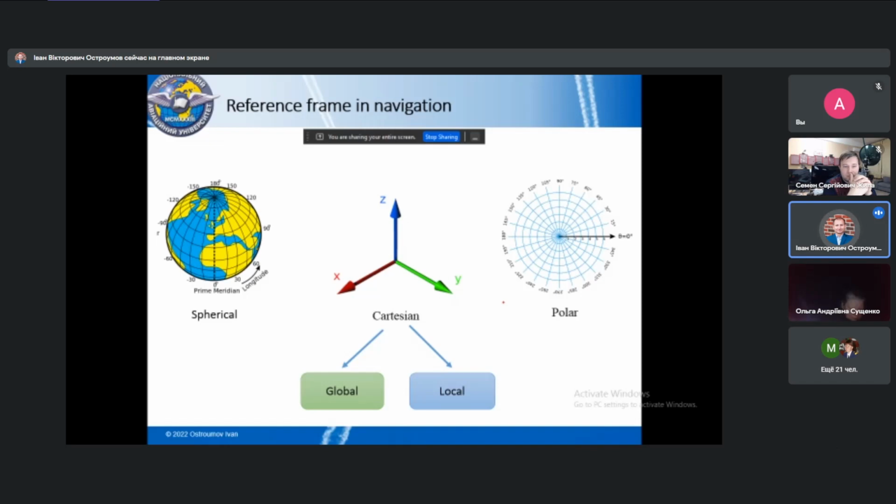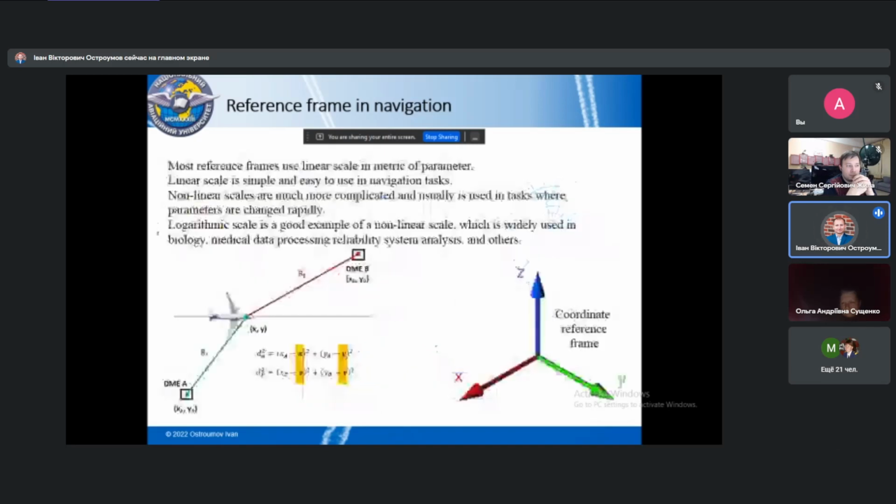Of course, if we have the altitude of an object, in this case it is a cylindrical reference frame, and also in some navigation purposes we can use a cylindrical reference frame. In any case, all of these reference frames can be global or local based on the task which we would like to solve. In our particular task in navigation, usually we have ranges from some navigation points.